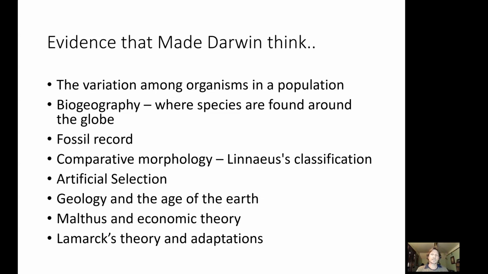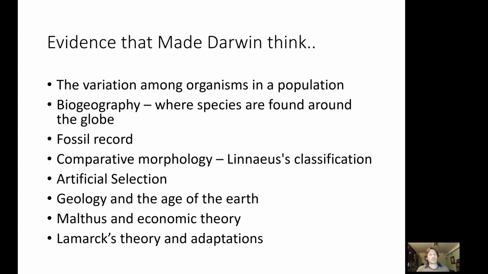And even since then, very few people have matched his discoveries, all right? Fossil record, Cuvier and other people provided that evidence, so they knew past life was different, right? Comparative morphology, Linnaeus's classification: organisms were grouped into these categories, and it led to the obvious conclusion that the reason they group in those categories is they're related somehow, right?